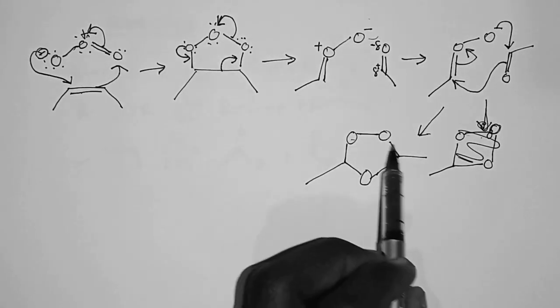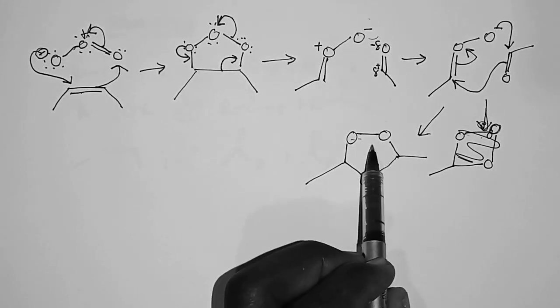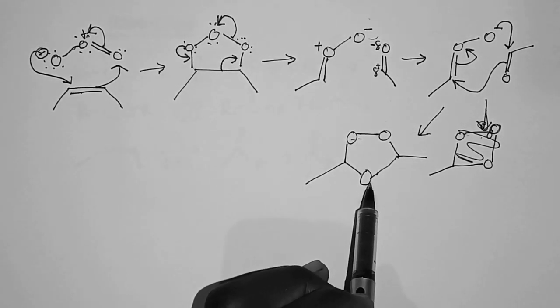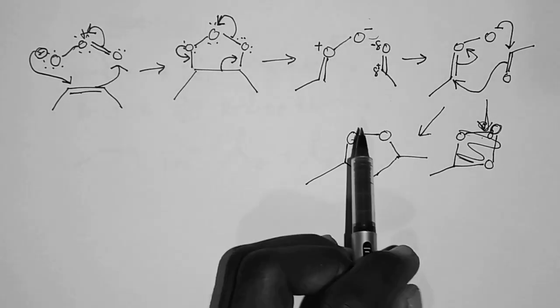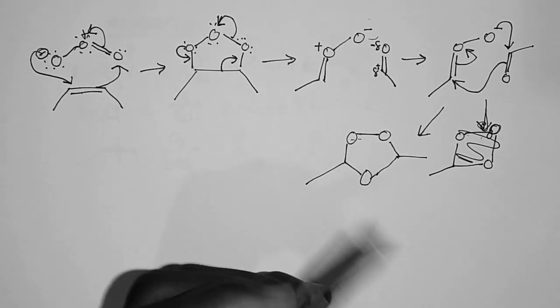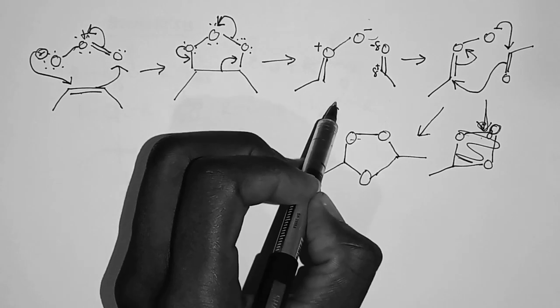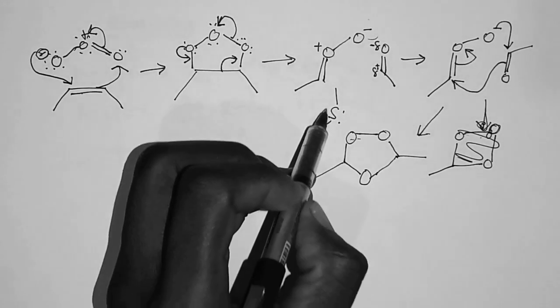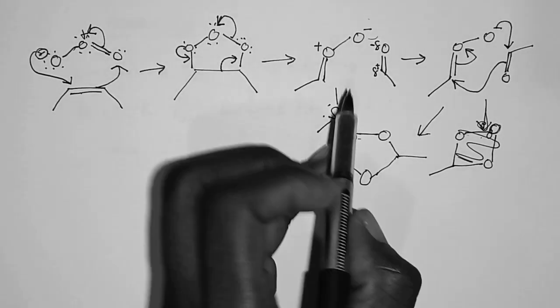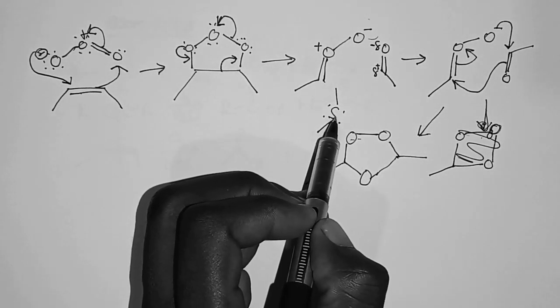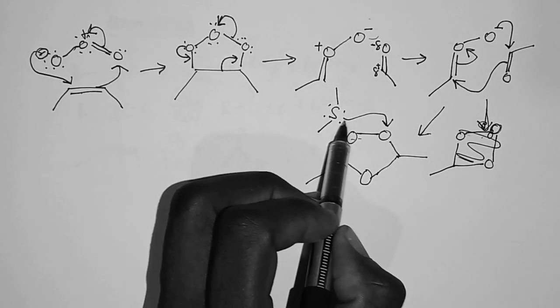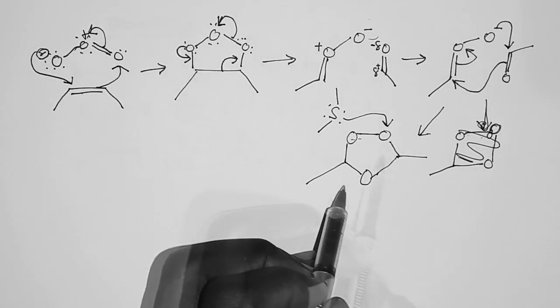So you see that there are still oxygen-oxygen bonds here, which are unstable. So this oxygen-oxygen bond will cleave. Remember that this reaction is taking place in the presence of dimethyl sulfide, and the sulfide has two lone pairs. So it's going to use one of its lone pairs to pick one of these oxygens. It will donate a pair of electrons to this oxygen.